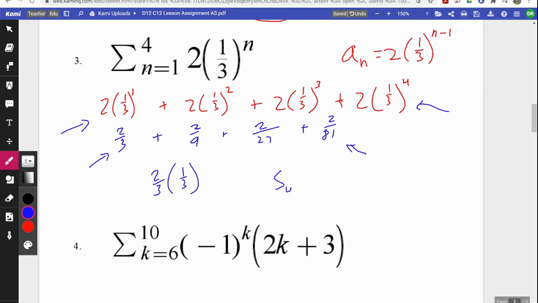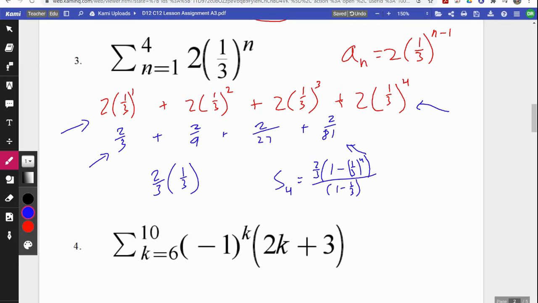So this would be S sub 4 equals 2/3, 1 minus 1/3 to the fourth power over 1 minus 1/3. Now, in an effort to make this more simple, it actually looks way more complex. But just keep in mind that we can relate to anything if we recognize some type of a series or sequence in this summation.